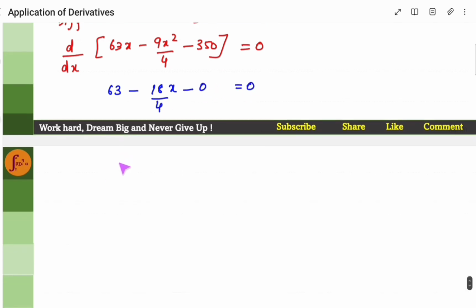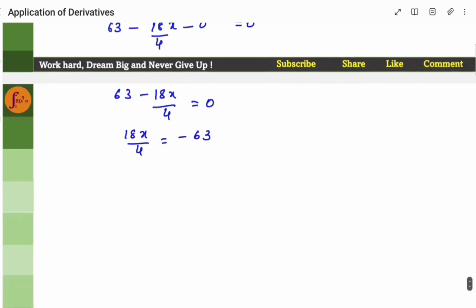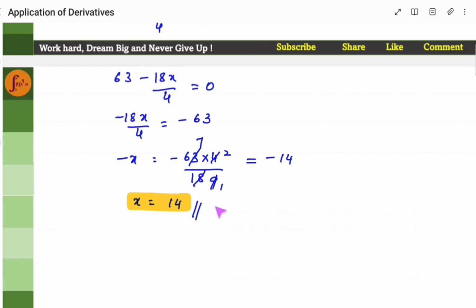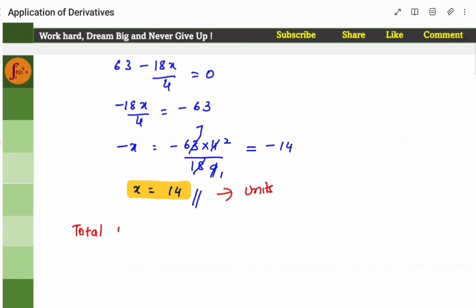So 18x by 4 is equal to 63, and x is equal to 63 into 4 by 18, which is 14. X is the total units when the profit is maximum, which is 14.